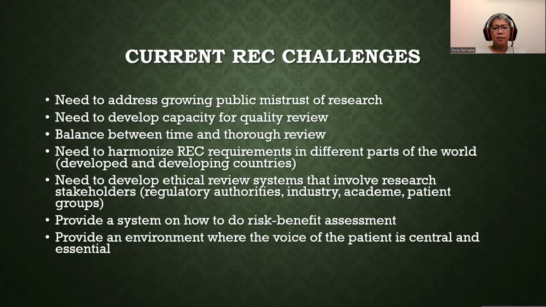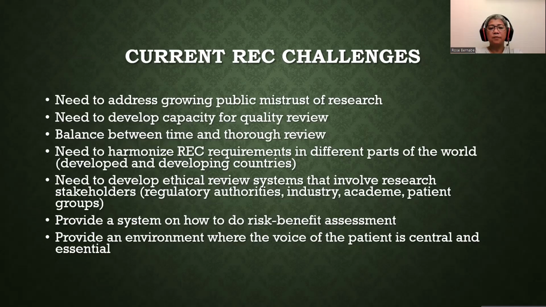All right. Now there are several challenges to RECs, and these would be important topics for discussion, right? Like the need to address the growing public mistrust of research, and somehow of research ethics committees.